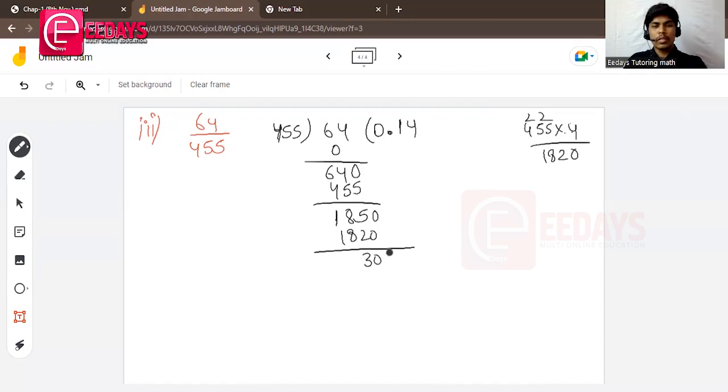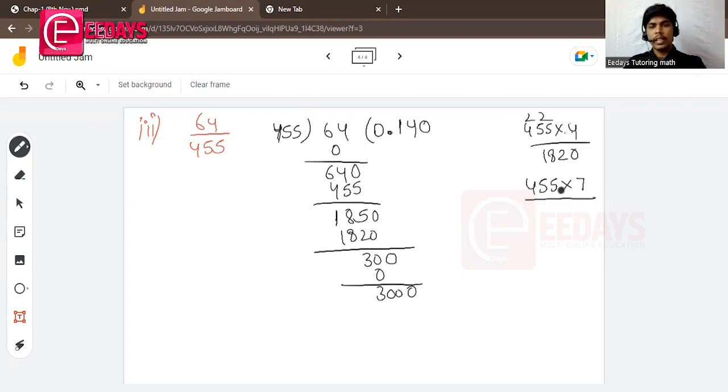Again, okay, we can't put, so you just put 0 here, but 455 is greater than 30. So that's why you just multiply with 0. So you'll get 0 here. Again, 300. The point is there, you just multiply 0. 455 into 30, right? 4 6s are 24, 4 7s are 28.